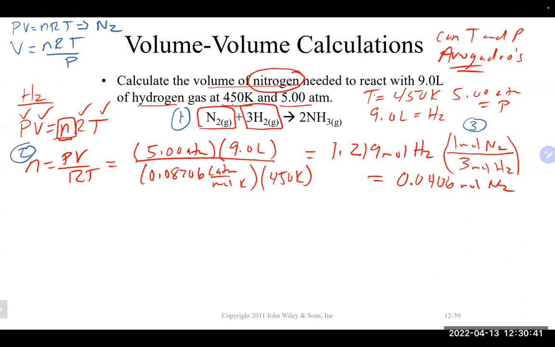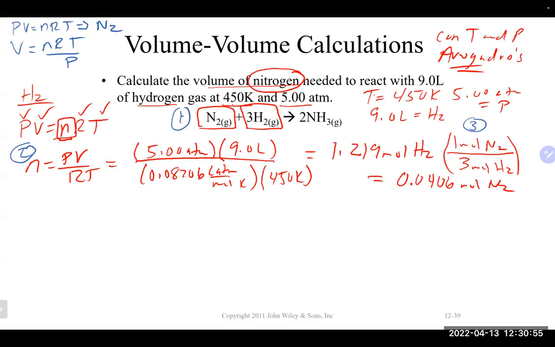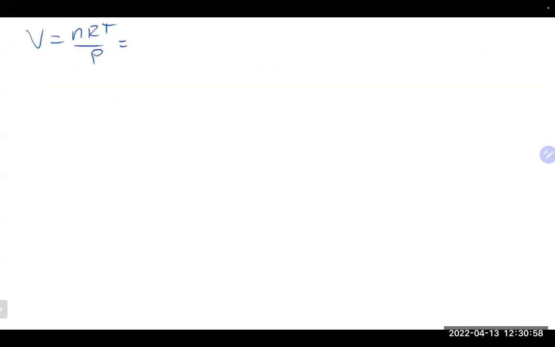The R is obviously the same, and the n is what we just solved for. So flipping it, volume equals nRT over P. Our moles was 0.0406 for the nitrogen.